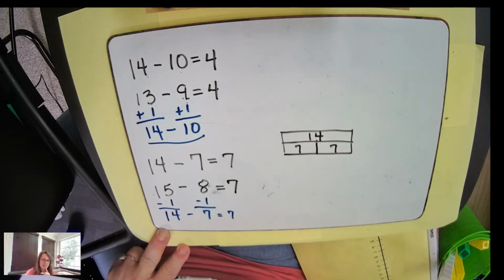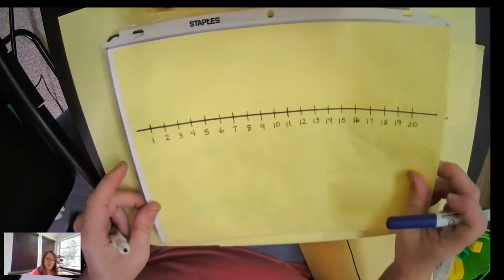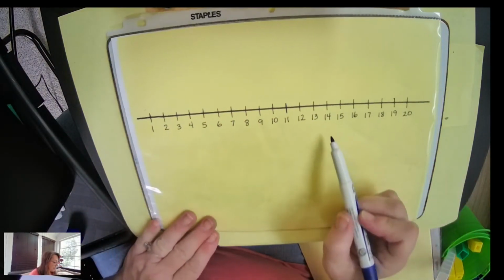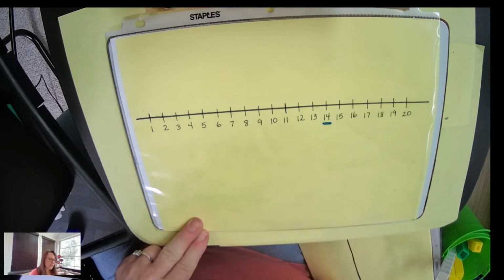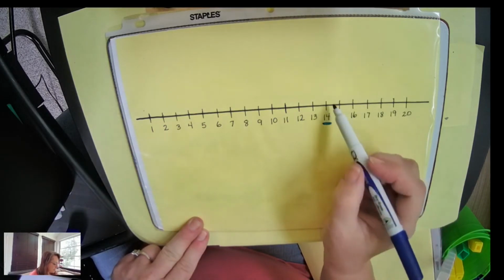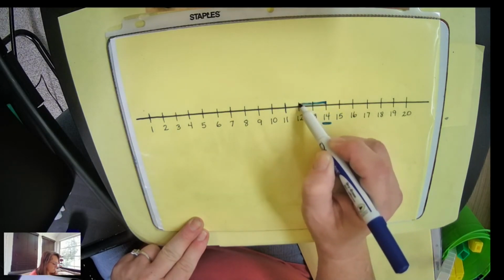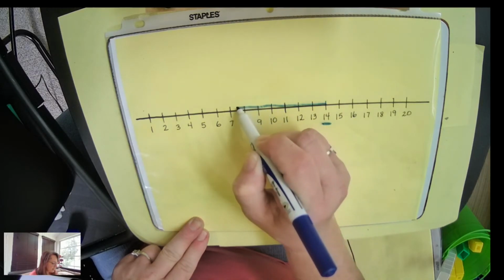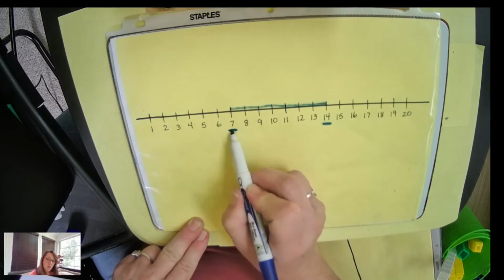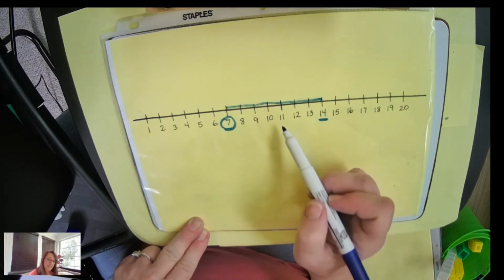Let's test this, should we? Okay. So the first problem that we looked at was a doubles fact. And it was 14 minus 7. Let's try that. 14 minus 7, minus 1, 2, 3, 4, 5, 6, 7. 14 minus 7 equals 7.